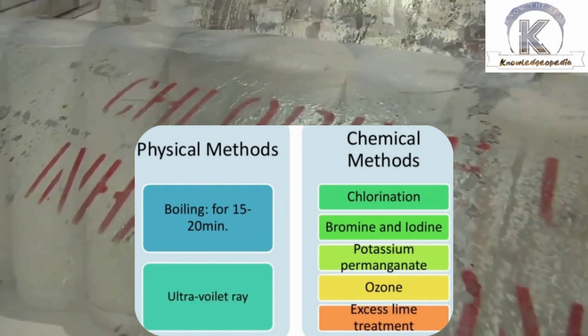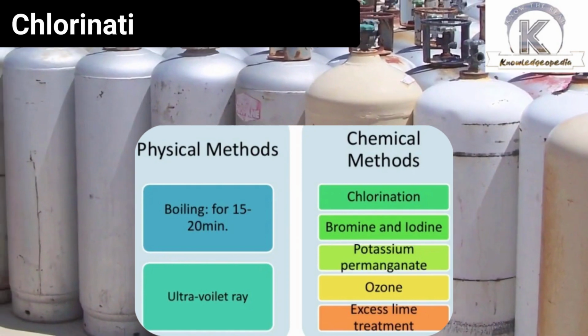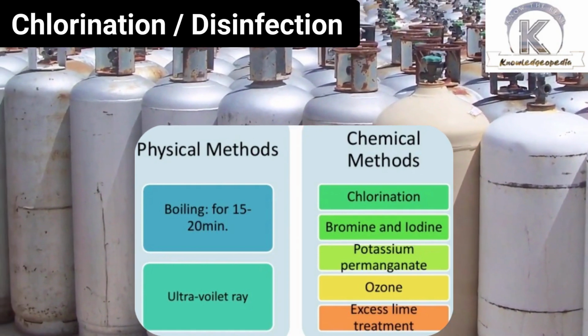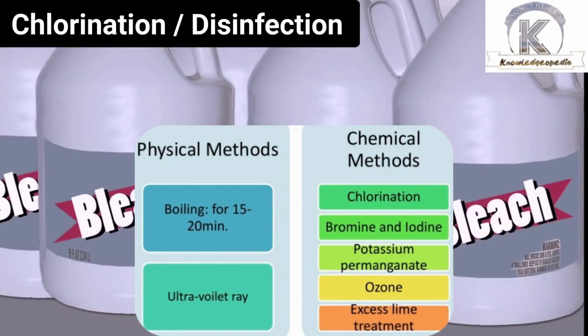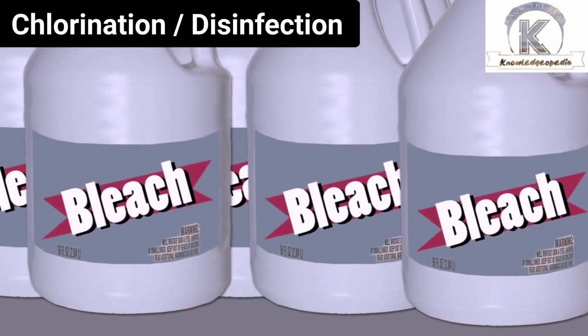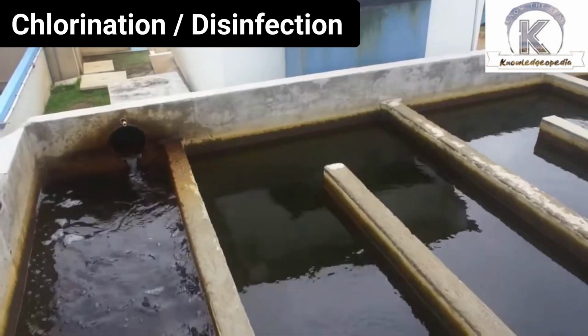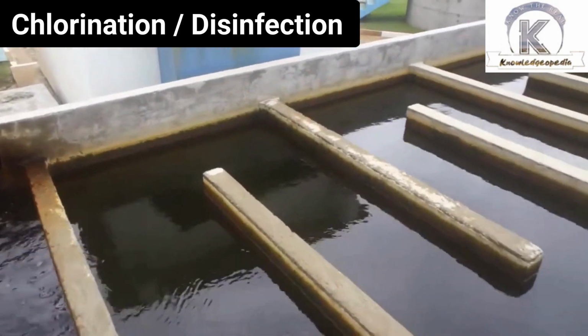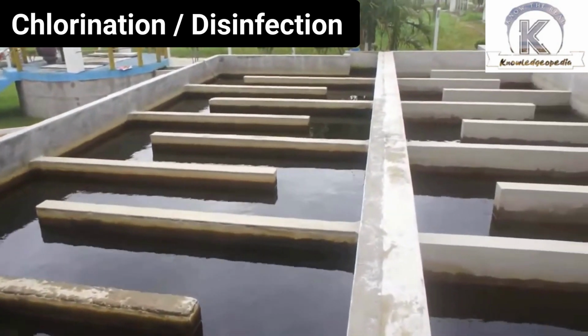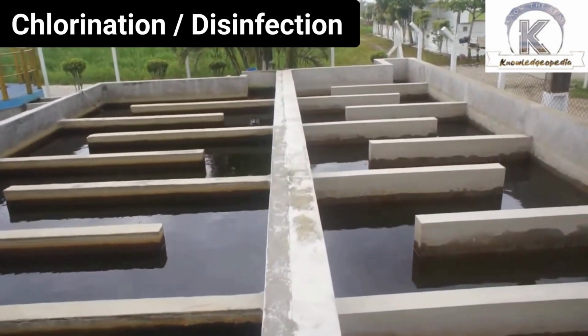In the chemical method, mainly chlorine gas along with bromine, potassium permanganate, ozone and lime are injected as disinfection agents. This process is also known as chlorination. Chlorine gas and other chemicals are mixed in a systematic manner through various flow-through chambers so that all substances are properly mixed, as we can observe in this video.